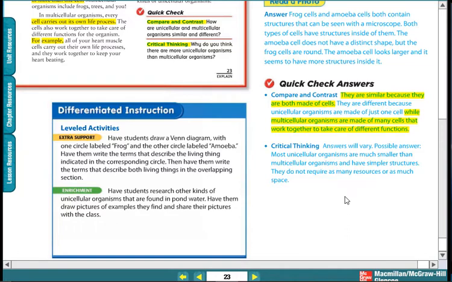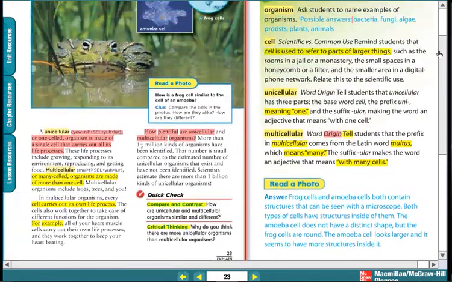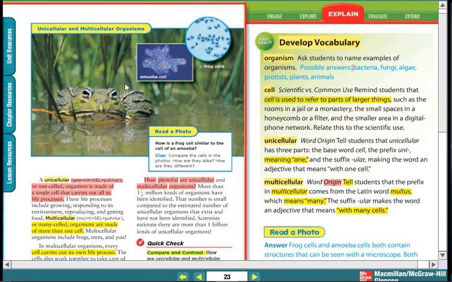They don't require as many resources or as much space. If we look at the pictures, amoeba cells and frog cells, we see the difference between them.